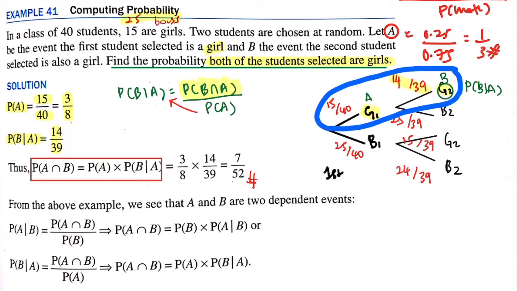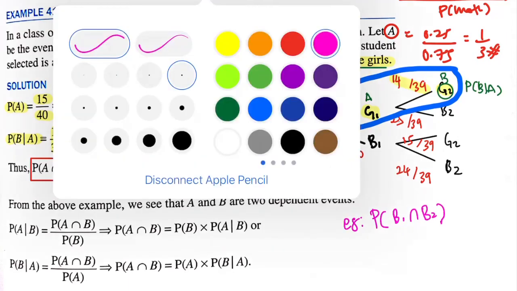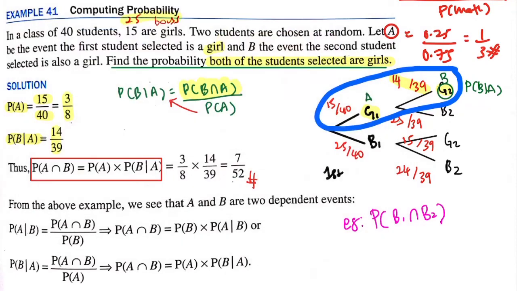Let me show you another example. If you want to find the probability of both boys being selected, this is one boy and this is another boy chosen.